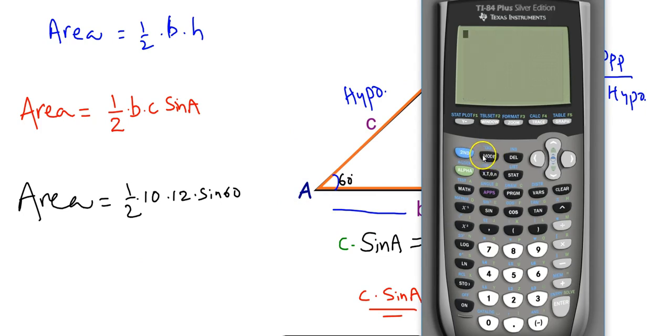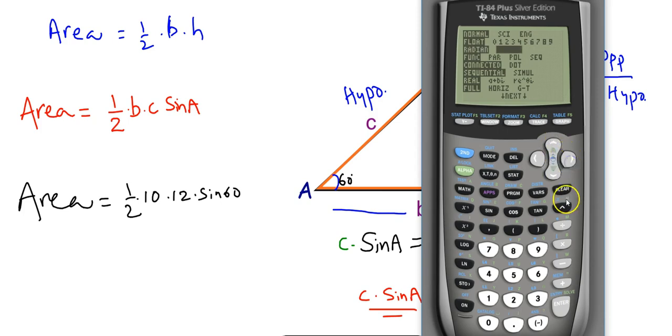Now we'll use calculator. It's half, 1/2, you can also just type in 0.5 times 10 times 12 times sine 60 degrees, and make sure that you are in the degree mode. It is not.